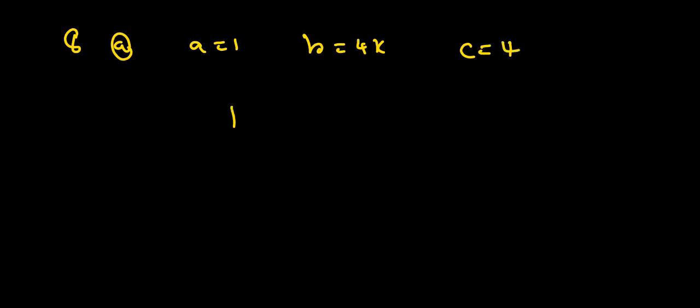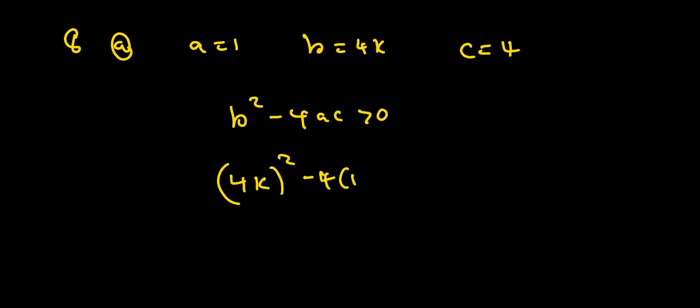So now we're saying B squared minus 4AC must always be greater than 0. So this will be 4k squared, minus 4AC should be greater than 0. This is going to be 16k squared, then minus 16 is greater than 0.